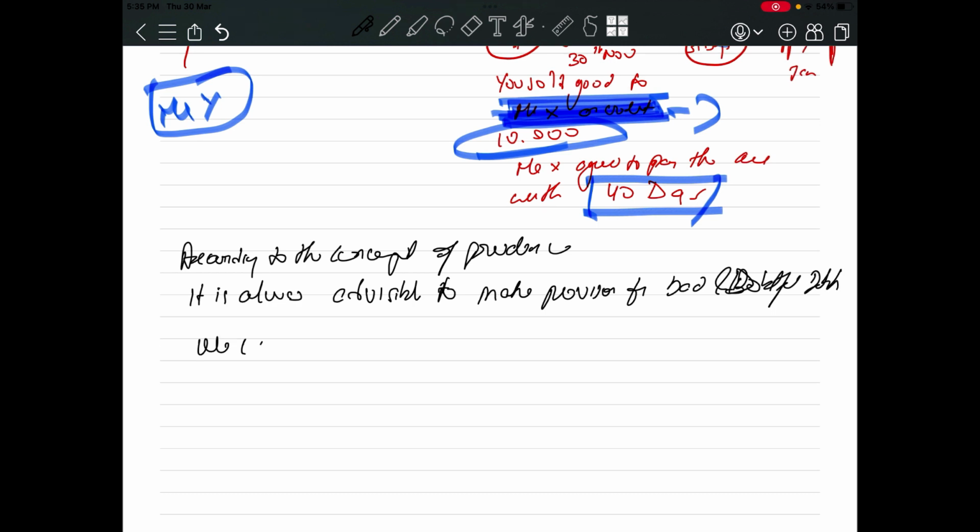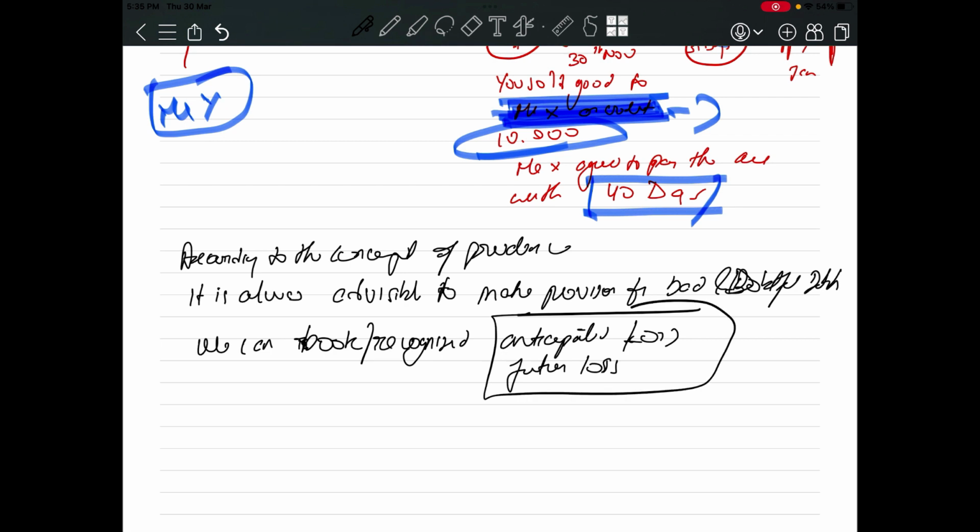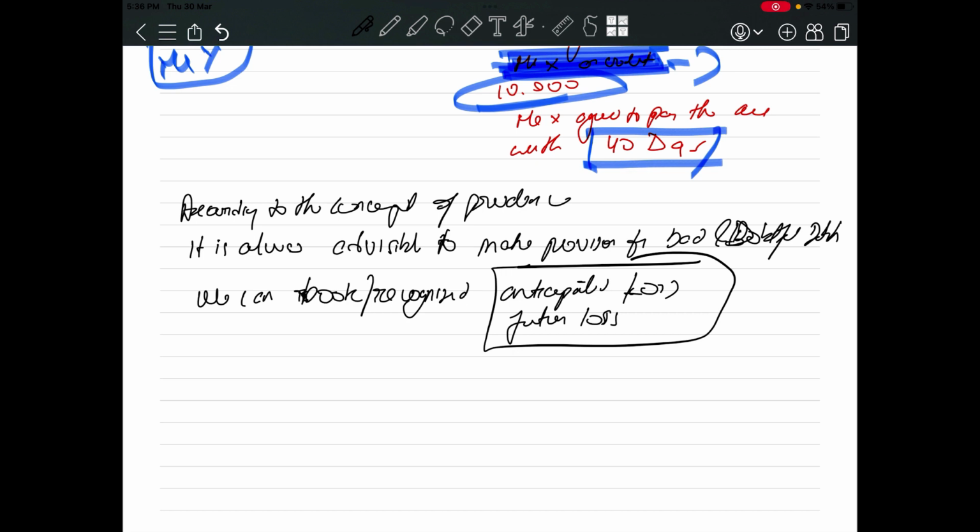We can book or recognize anticipated losses, or we can also say future losses. If we have a hint, or if we know that we'll incur loss in future, we can book that in the current year itself. But we cannot book future profits. Only in case of loss.